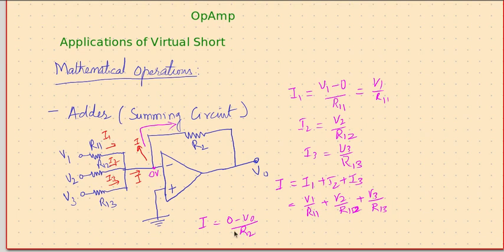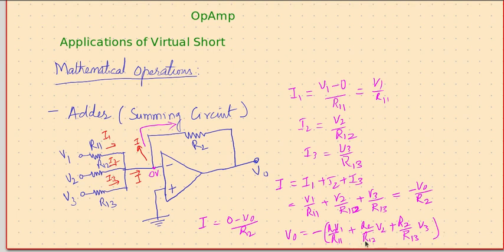If we substitute I is equal to this, we get this is equal to minus Vo by R2. So if you just cross multiply, then we get Vo is equal to negative sign, R2 by R11 V1 plus R2 by R12 V2 plus R2 by R13 V3.